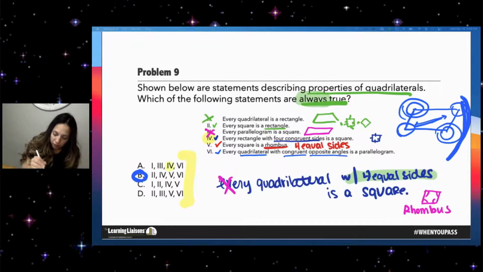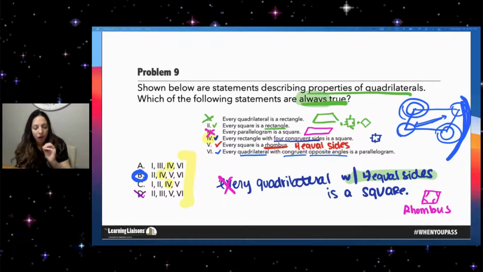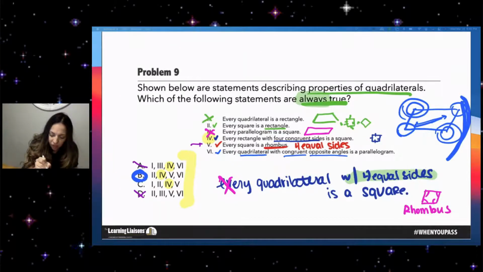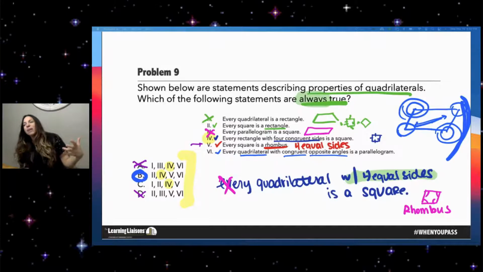So A has 4, B has 4, C has 4, but D does not. So no matter what else D has, you know D is wrong. Let's look at another one that you're super confident with. Every square is a rhombus. Let's say you know every square is a rhombus. So you know that you need number 5 in your answer choices. Well, now A doesn't have number 5. So I'm left with B and C, and I can make an educated guess if I'm not confident with the other statements. So use those answer choices to help you.